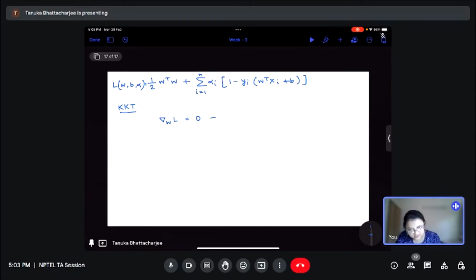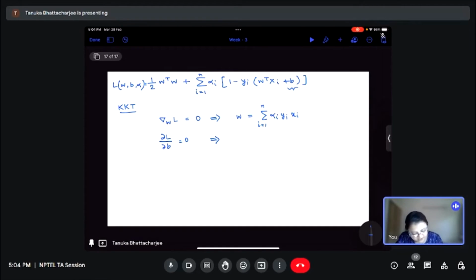This gives you W equals summation i equals 1 to n of alpha i yi xi. The second condition is del L del b equals 0. For that you consider only this term, which is the negative of the summation of alpha i yi b.